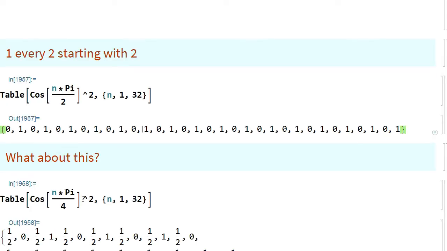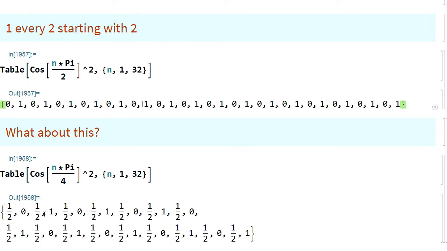So cosine of n pi over 4 squared is going to be 1 at every 4 numbers starting with 4. So 4, 8, 12.